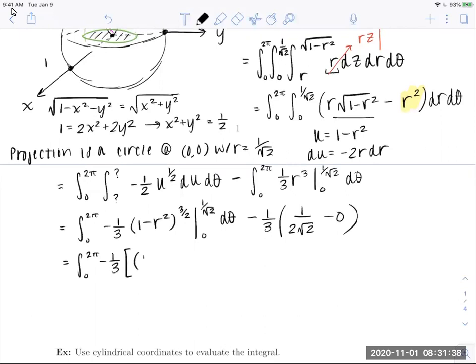Okay, so I have a 1 minus, when I square 1 over root 2, it becomes 1/2 to the 3/2 power, minus 1 to the 3/2 power. And then I have minus 1 over 6 root 2 in back, all still needing to be integrated with respect to theta.